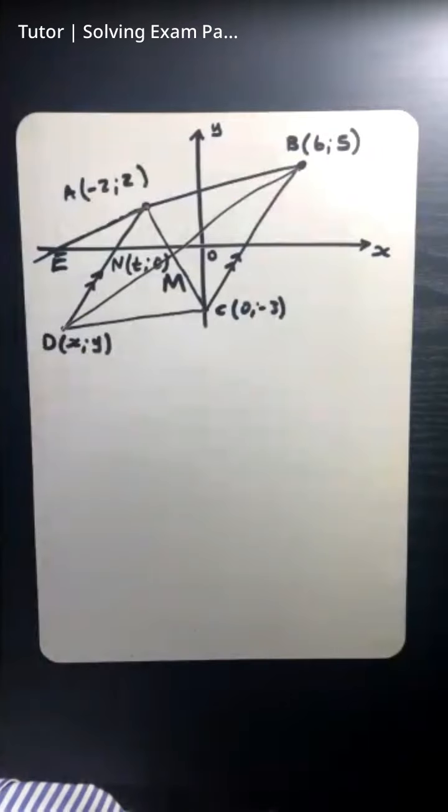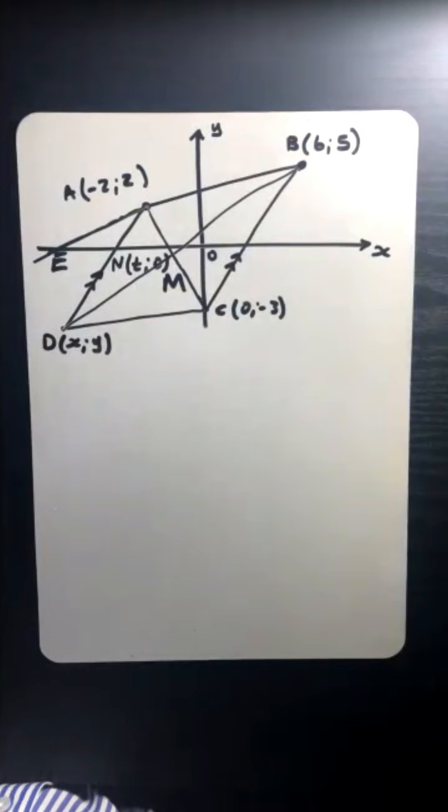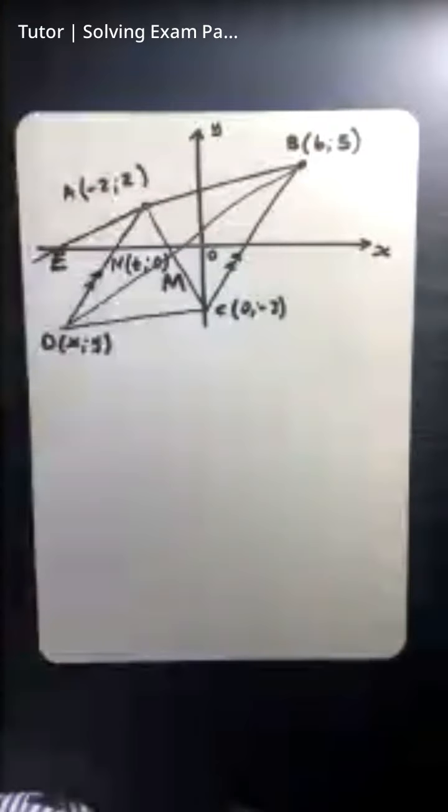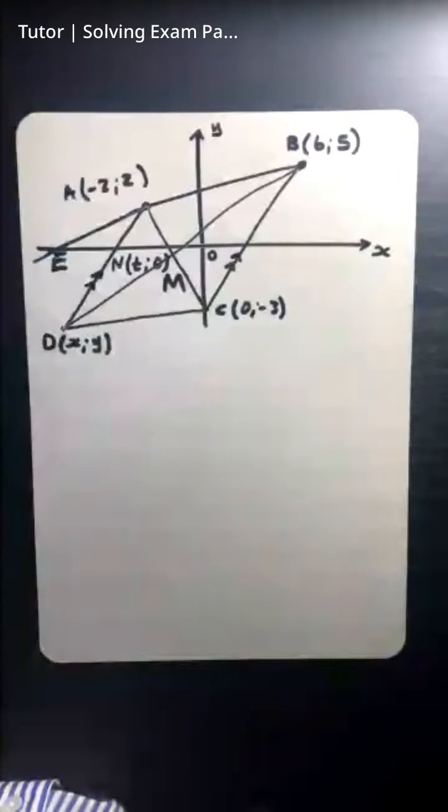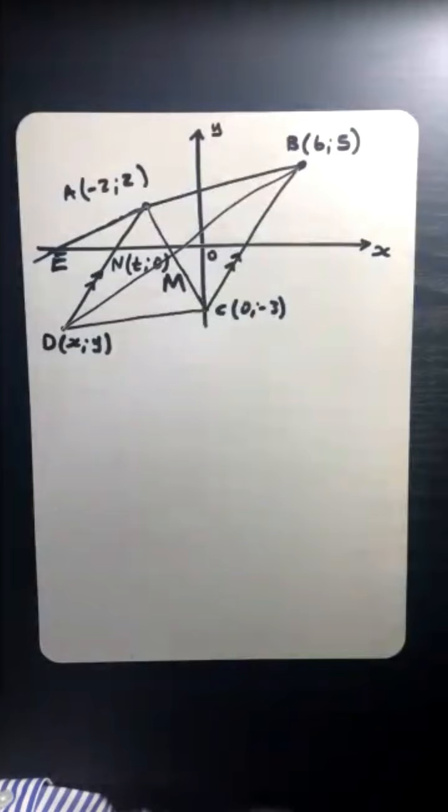So without any waste of time, I'm going to quickly read through the given statement. Question number 3 is what we'll be looking at in today's lesson, and the statement is followed by the diagram, followed by the questions.